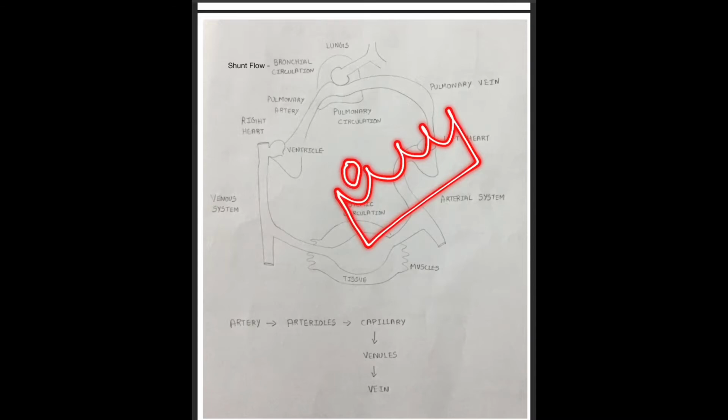Once the oxygen is delivered to the tissues and carbon dioxide is picked up, the blood becomes deoxygenated blood. That means increased carbon dioxide and decreased oxygen. In deoxygenated blood, 3 pockets of the hemoglobin are already filled with oxygen molecules.